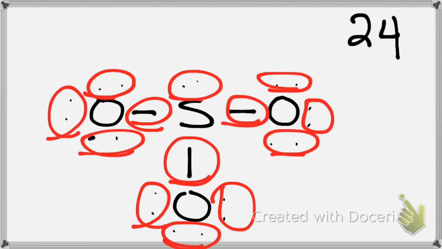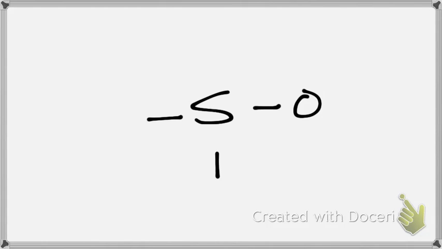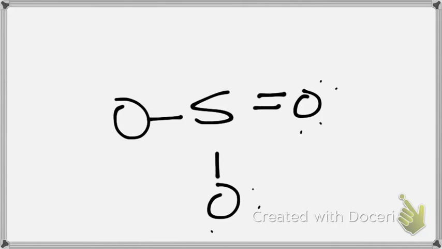Whenever we have a problem like this, what we're going to do is introduce double bonds. So I'm going to redraw the molecule just like we had it. Here we go. Let's introduce one double bond. It doesn't matter where you put it. You can put it to any oxygen. I'm just going to do that so it can help us reach our 24 count.